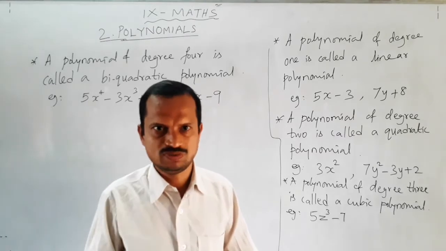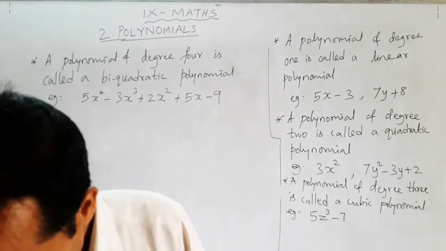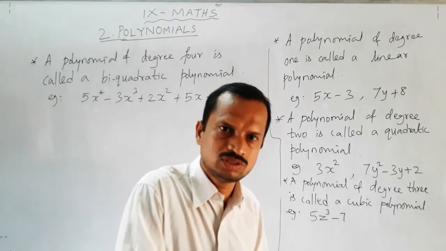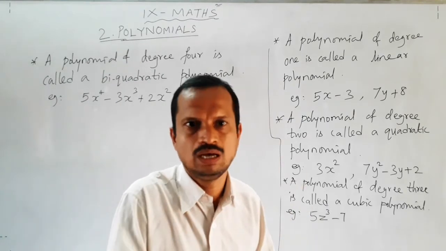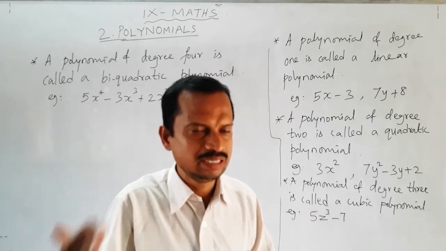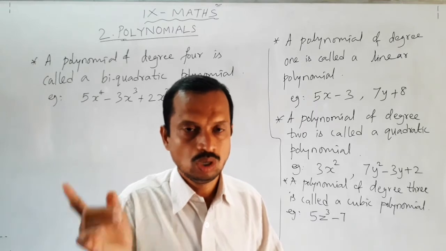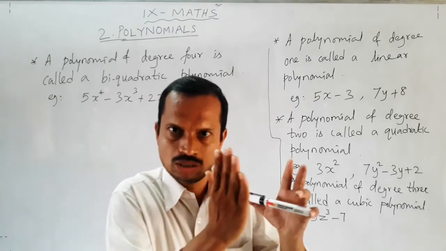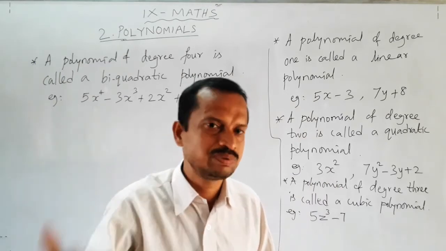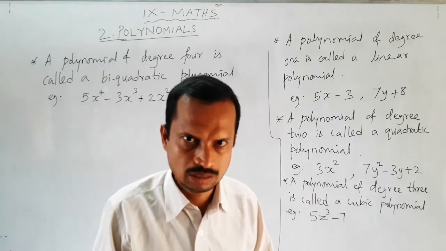And then the degree of the polynomial. Based on the number of terms we can classify the polynomial, and based on the degree we can also classify the polynomial. A separate name is there for each. Don't confuse them.